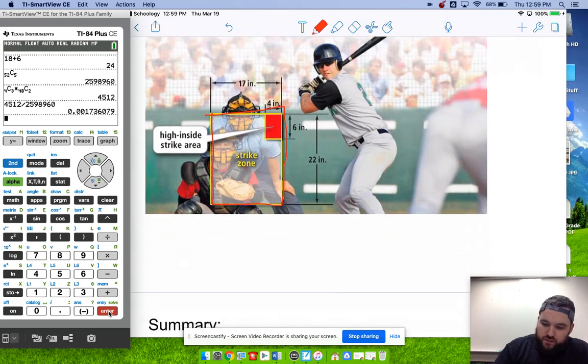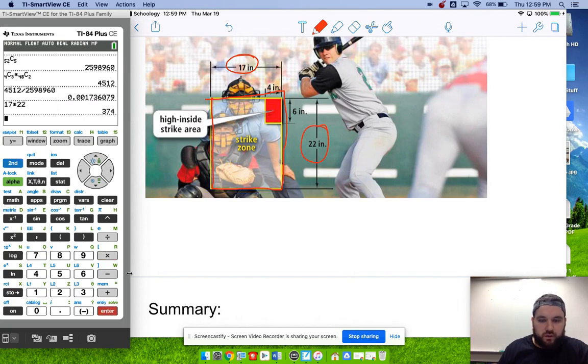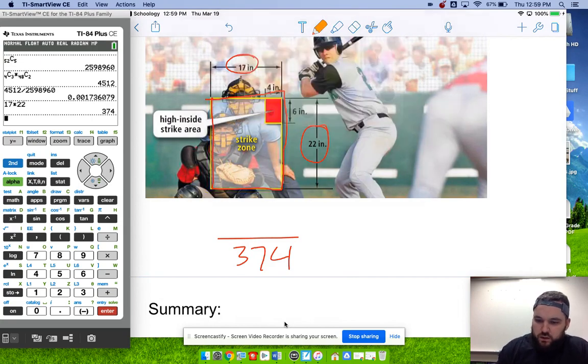So thinking about sample space, we're basically asking how big is the strike zone? Well, the strike zone is 17 inches wide by 22 inches tall. A rectangle is simply base times height or length times width. So our sample space is 374 square inches. We don't need units for this because we're going to end up dividing 2 numbers.